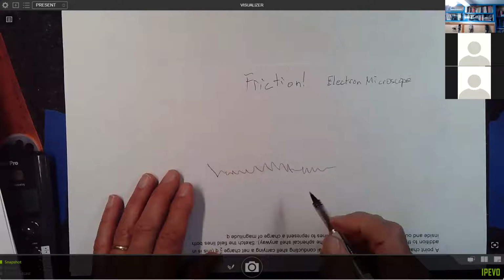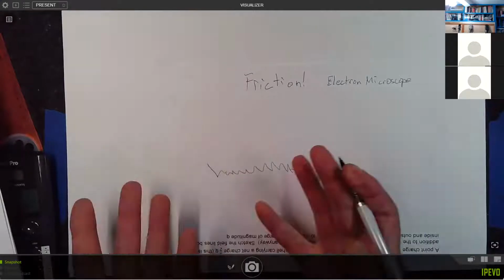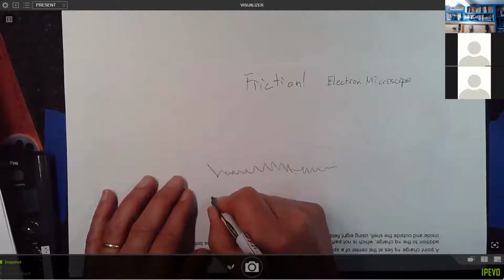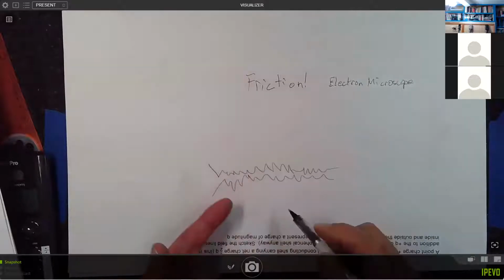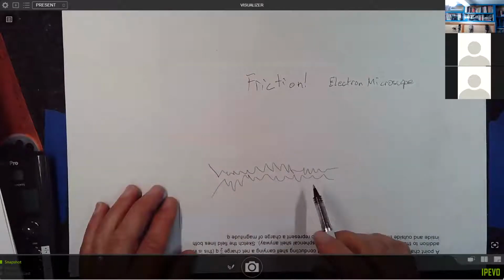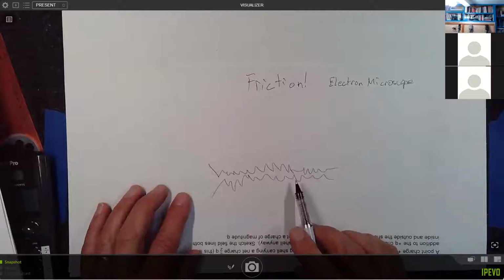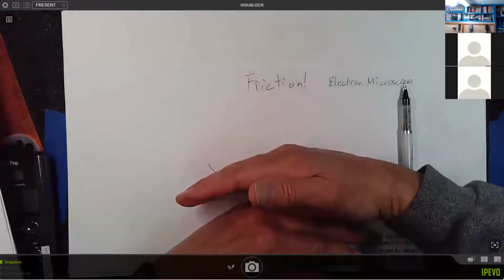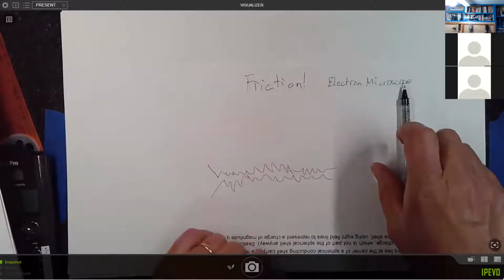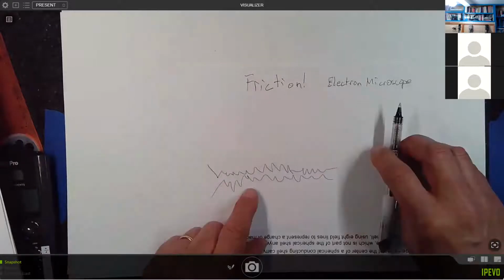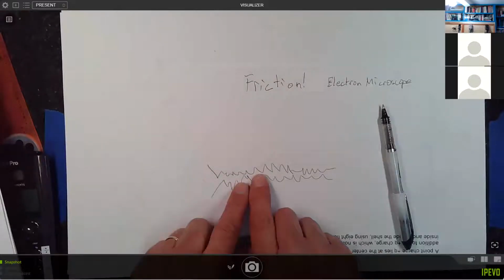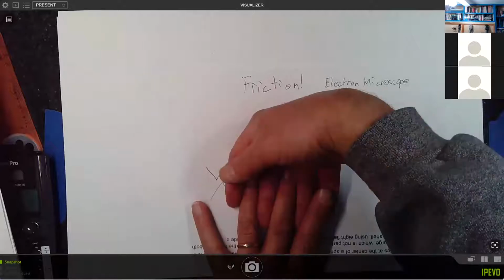And the same thing with the top of the paper. It's not perfectly smooth. It's got a whole bunch of bumps and wiggles on it. If there was a pressure from above, produced by the weight of the object on top, then you can have these bumps and wiggles interlocking a little bit.